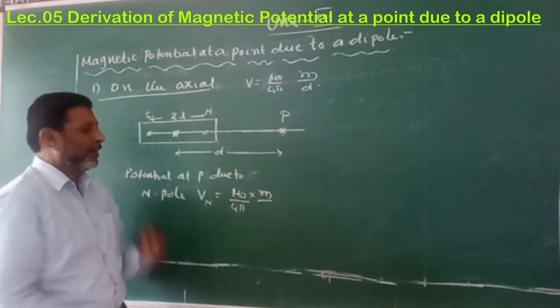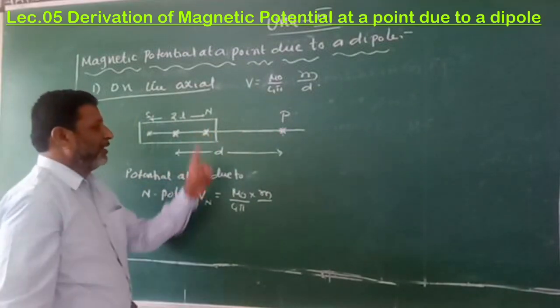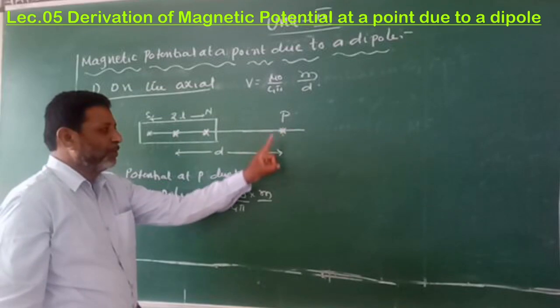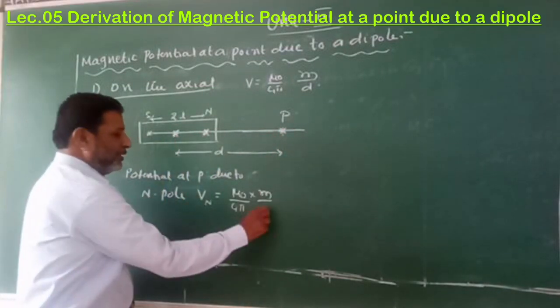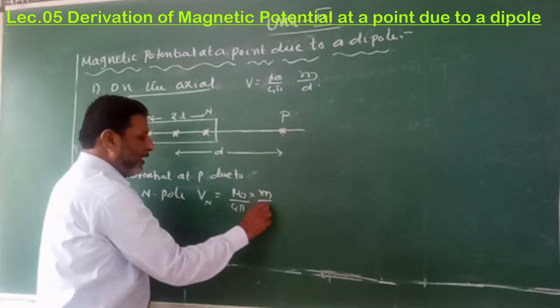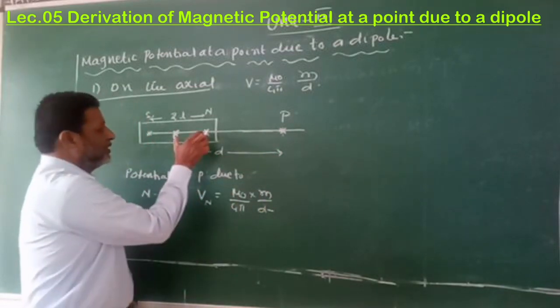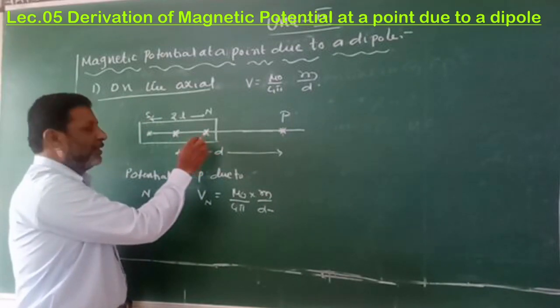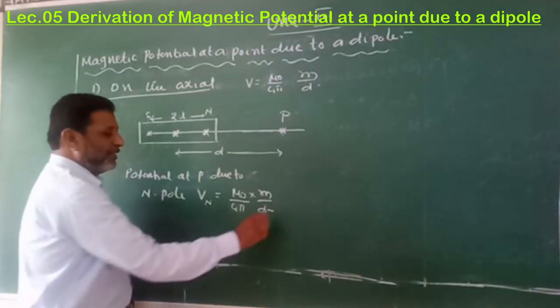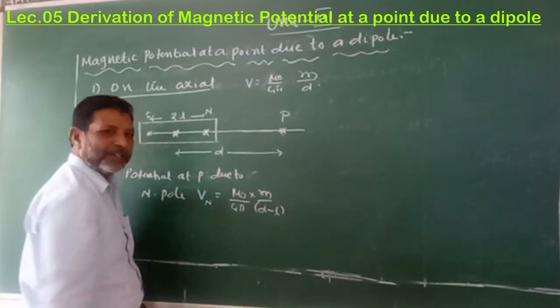Again, this distance is D minus L, because the total length of the magnet is 2L, and this half distance is L.